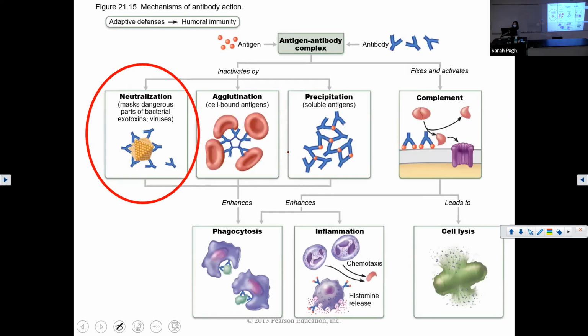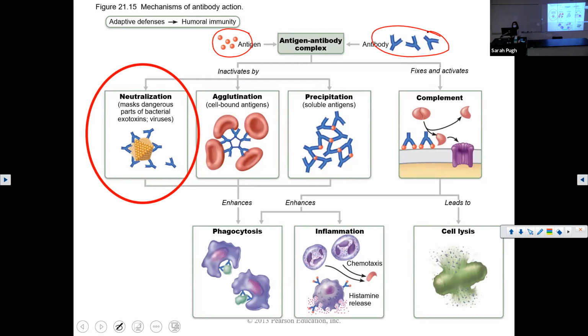You can see that we've got a foreign antigen up here. We've got some antibodies here. When the antibodies bind to that foreign antigen, so in this case, this might be like bacterial toxin, they're coating all around the toxin. By coating all around the toxin, they're neutralizing it, so it is no longer harmful to your cells and tissues.